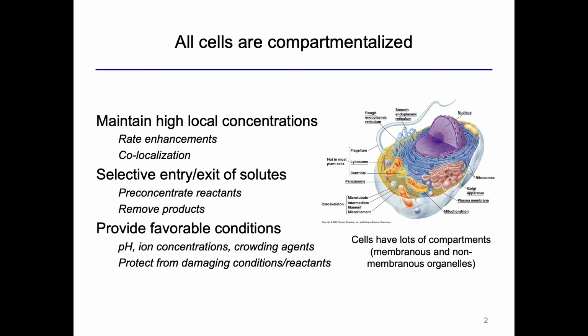For instance, you can maintain high local concentrations, you can have selective entry and exit of solutes, you can provide favorable conditions such as pH and different concentrations of crowding agents, and you can protect the inside from damaging conditions.